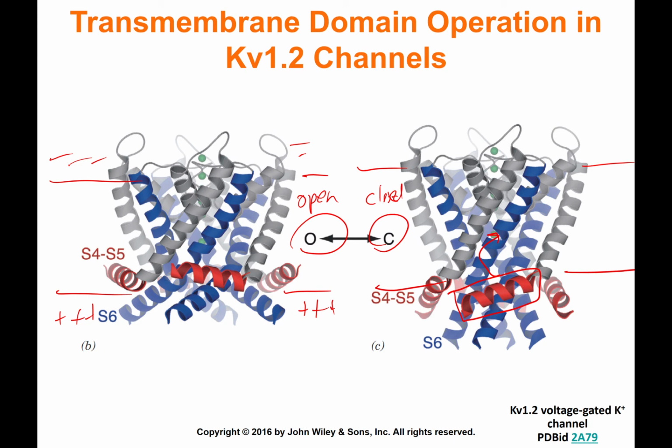All right. Well, what happens with these proteins is that basically they open up due to a change in the membrane voltage, and they remain open for a very, very long time.